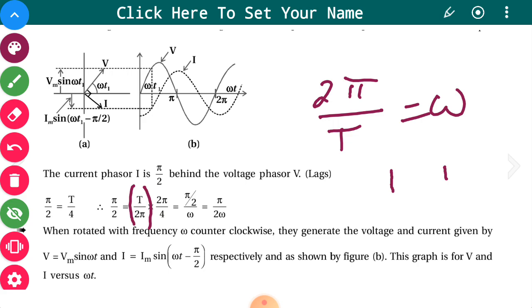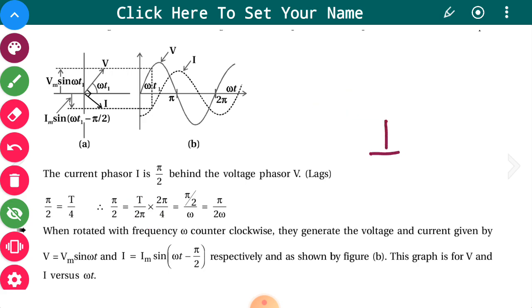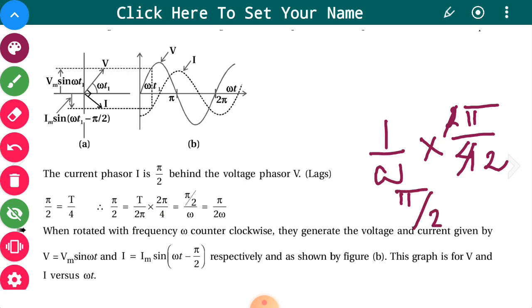So it has been written in this way, that it is 1 upon omega into 2 pi by 4. So it will become pi by 2 upon omega, or we can say pi upon 2 omega. So in terms of angular frequency it is pi upon 2 omega.